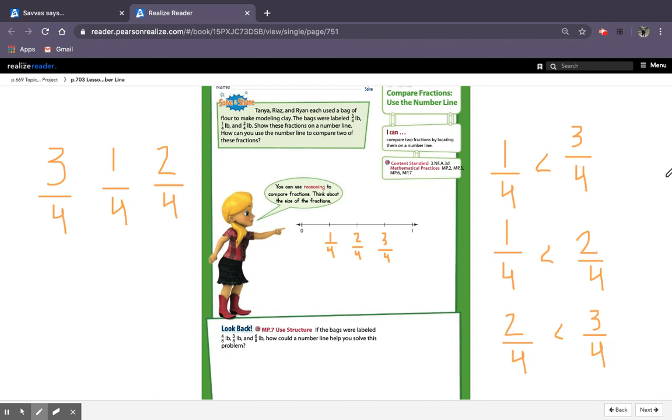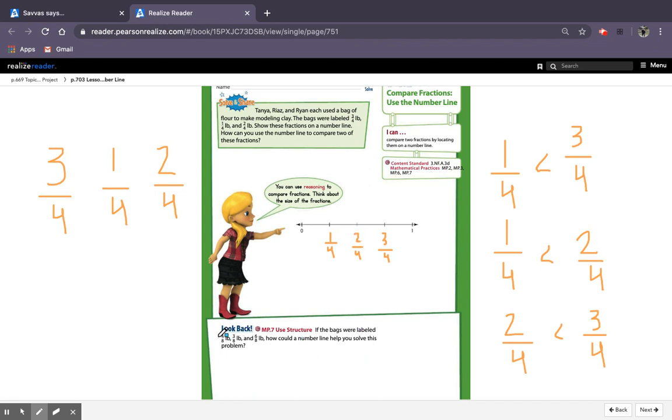Hopefully you picked one of these to write your compare statement, because it asks how you can use the numbers to compare two of these fractions. The bottom says the bags were labeled 4/8 of a pound, 3/8 of a pound, and 6/8 of a pound. How could a number line help you solve this problem? I'd have to draw an entire number line, so I'm not going to use the same one.